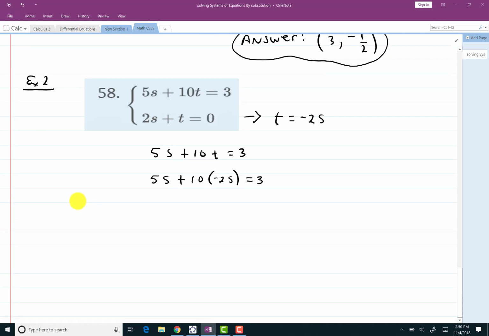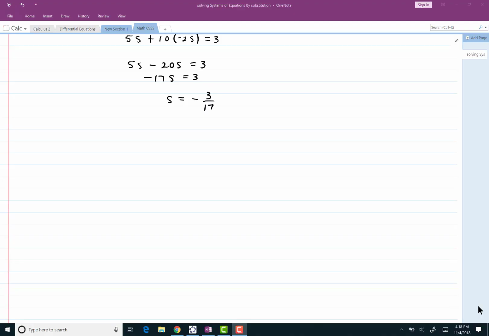Let me go ahead and solve then for s. So 5s minus 20s equals 3. So I have negative 17s equals 3. All right, right here I've made a mistake and I want to fix it. It's not negative 17s, like right there.